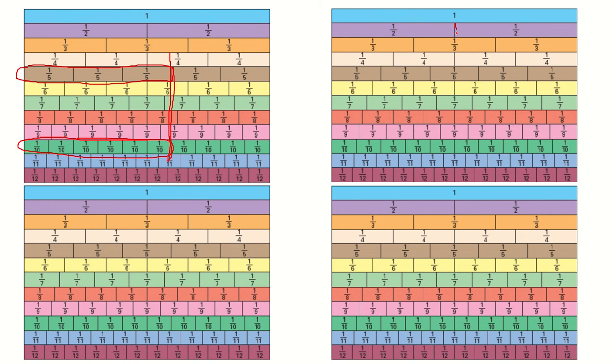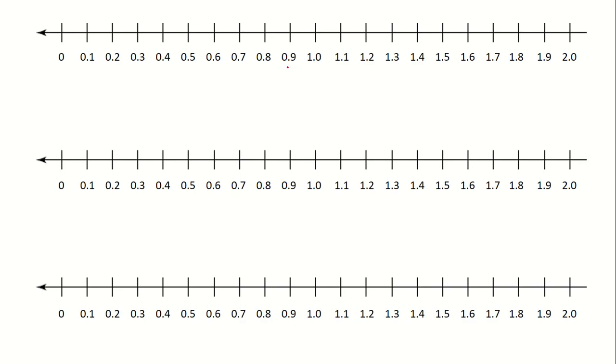Let's do another one. 1/2. We have here our 1/2. So if we show 1/2 right there, and we drop the line into our tenths right here, we can see it's 1, 2, 3, 4, 5 of our tenths, and we can show this on a line down here.